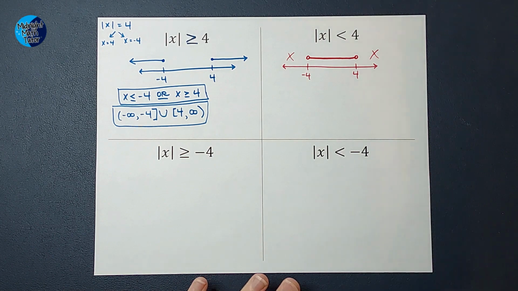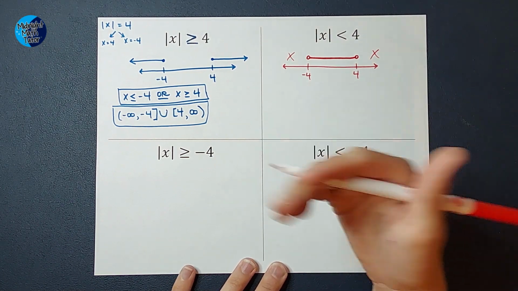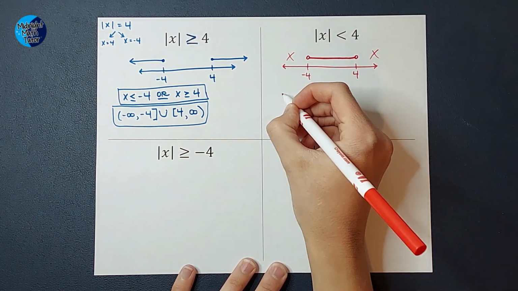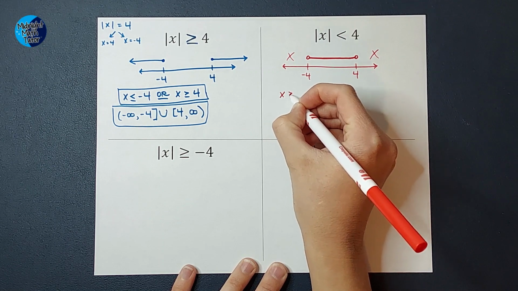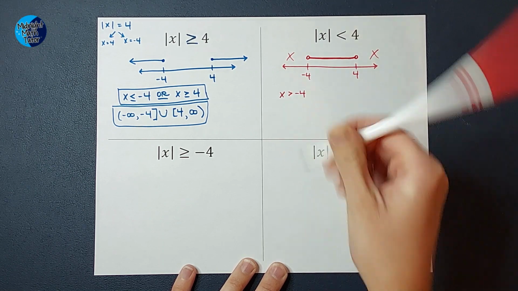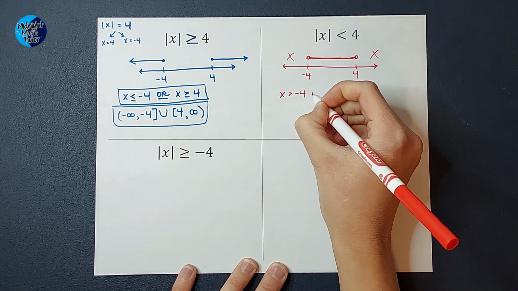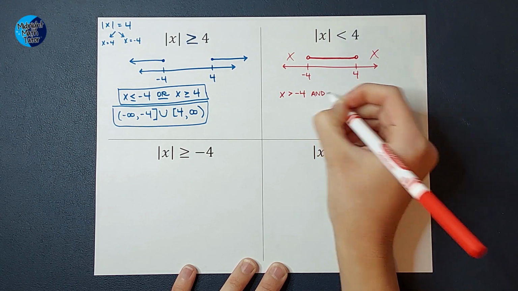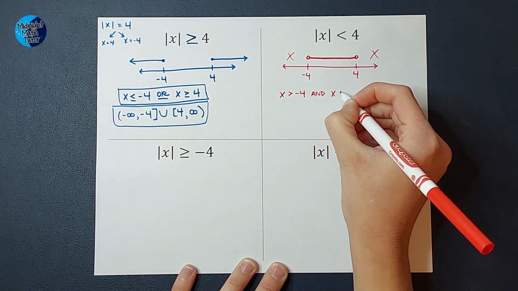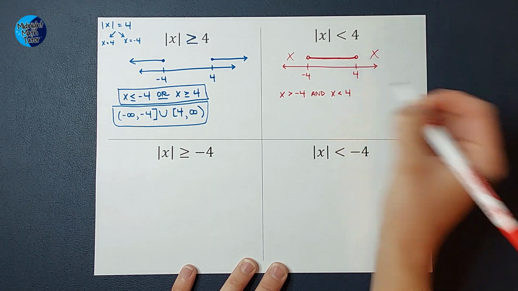So let's go ahead and look at what this answer would look like. Again, written as an inequality, we could write it as x is greater than -4, right? And it also has to be less than 4, right?